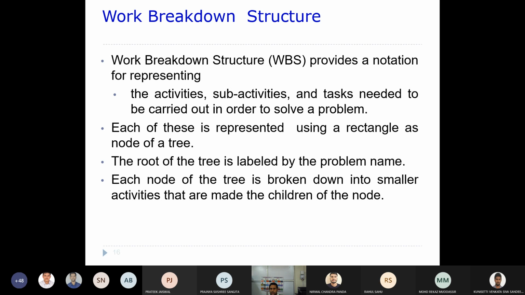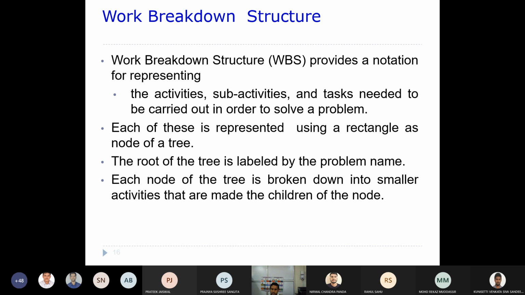As part of this work breakdown structure, we have certain notations. Each and every activity can be represented by a rectangle, and the root of the tree will represent the problem name.